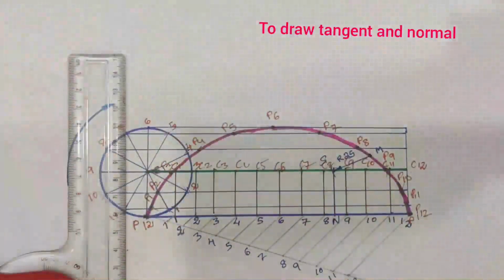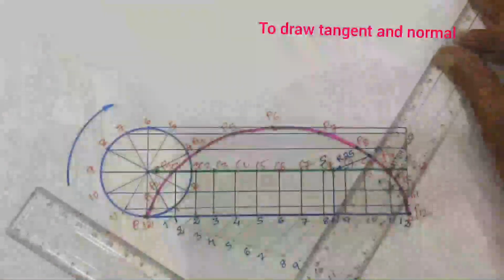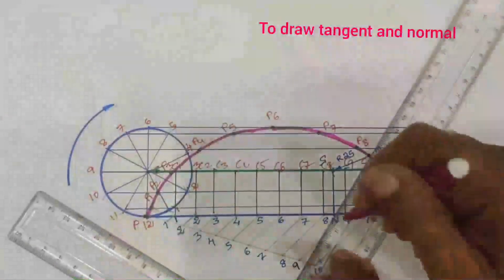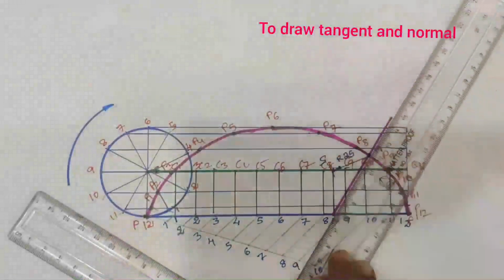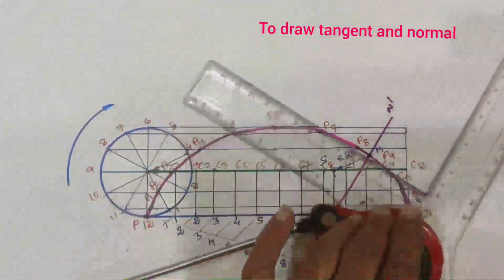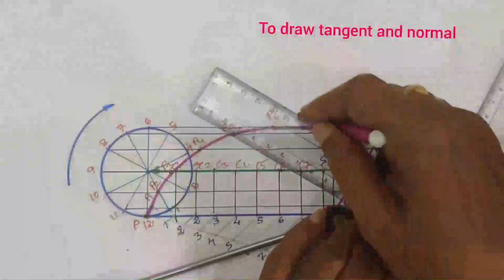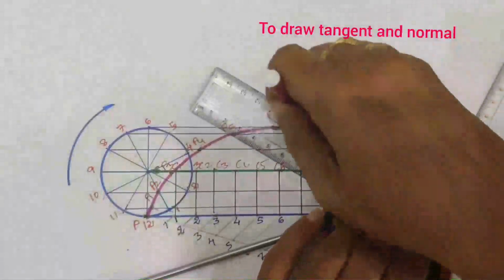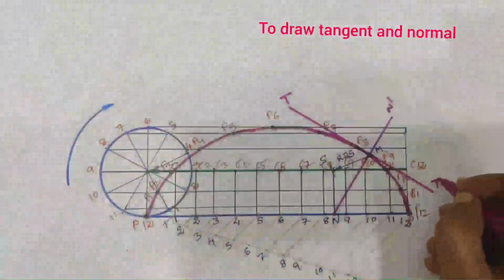Then at N, draw a line passing through M. This line is nothing but normal, say N dash. Perpendicular to normal, passing through M is tangent, say T dash.